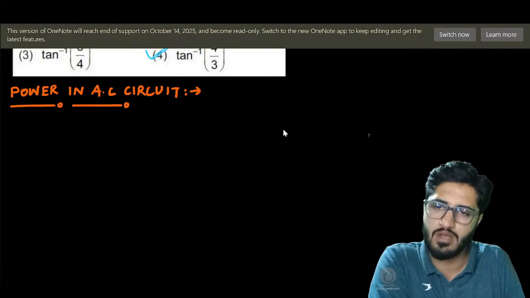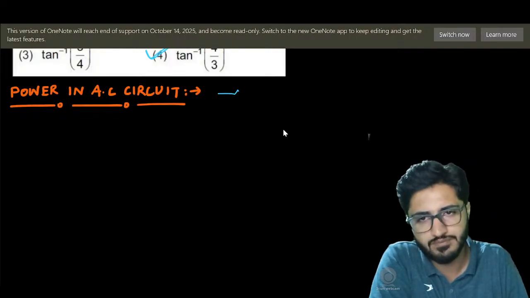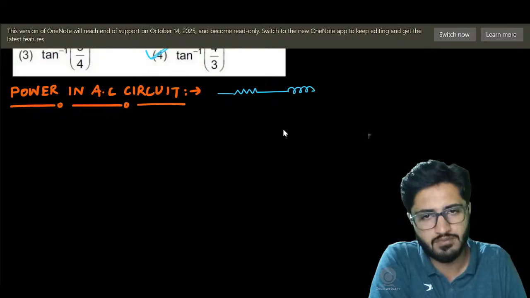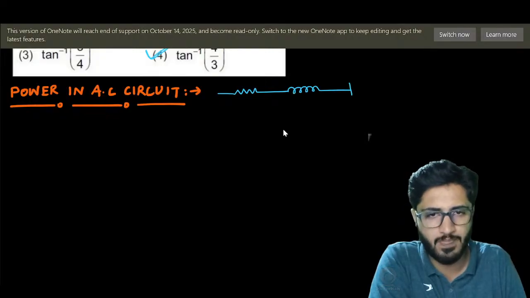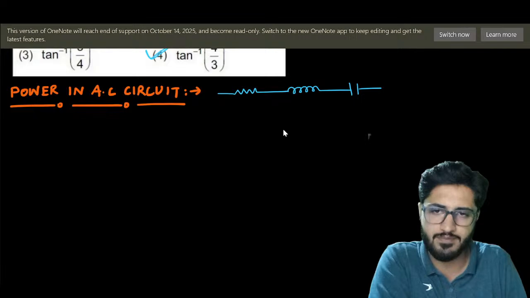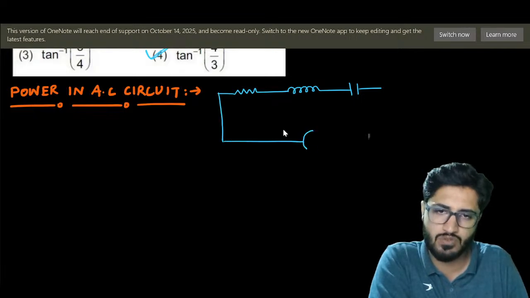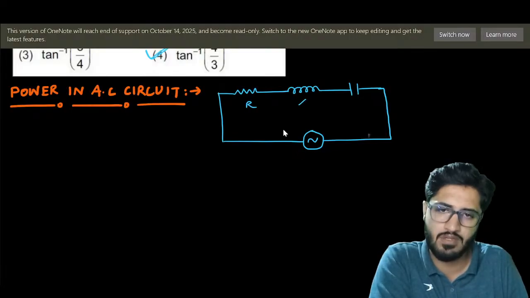Power in AC circuit. Look now. Resistor, inductor, capacitor joined in series. Resistor R, XL, XC.